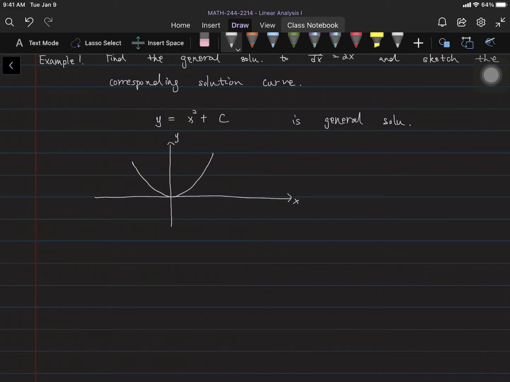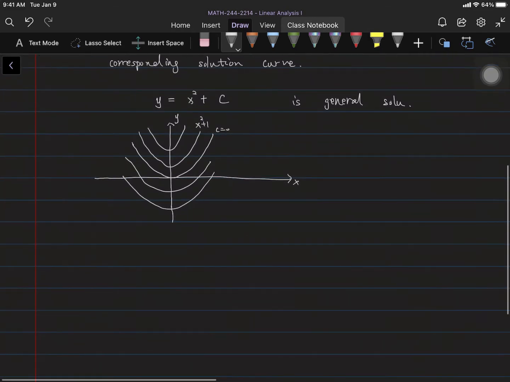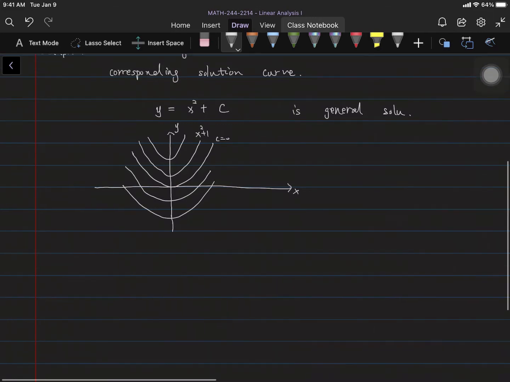If c equals 1, that gives us x squared plus 1. And as c equals 2, x squared plus 2. And if c is negative, that is the curve, right? So all those curves are a family of parabolas, and they are called solution curves to the general solution.